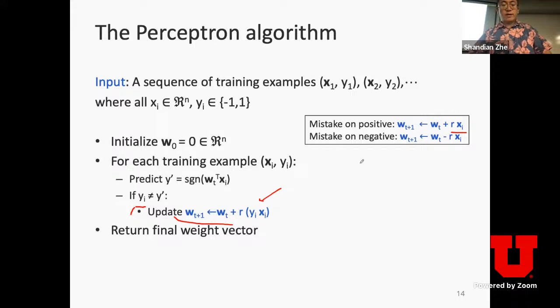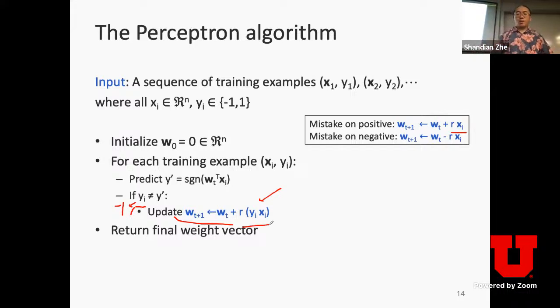Because y is 1, you're adding r times xi to wt, and you get wt plus 1. And if you're making a mistake on a negative example, meaning that yi is -1, then your update will be subtracting r xi from wt, according to this rule.